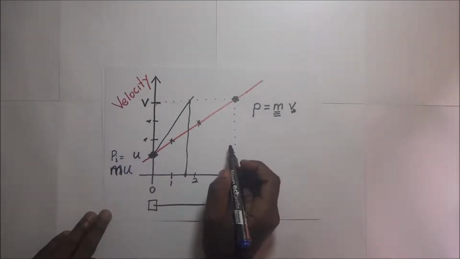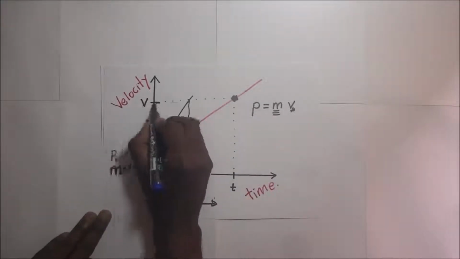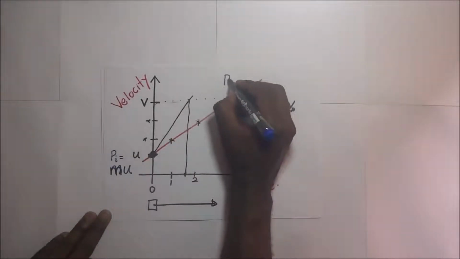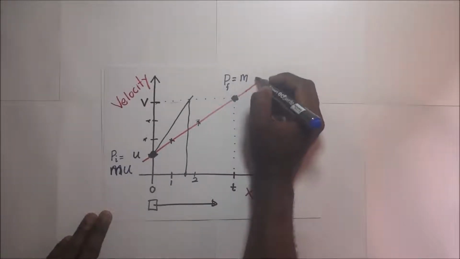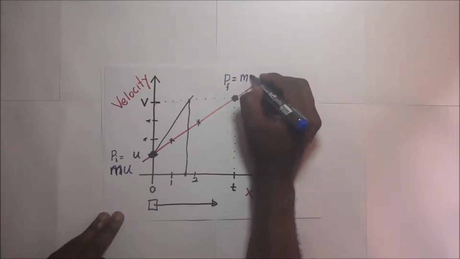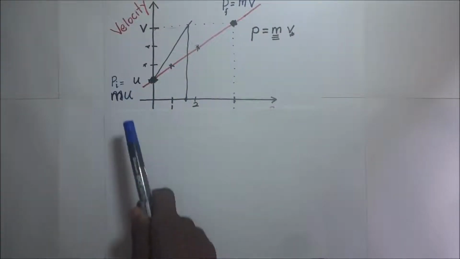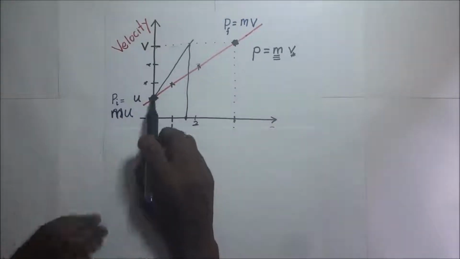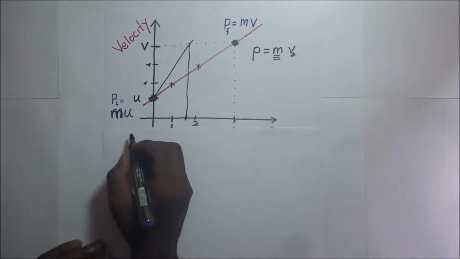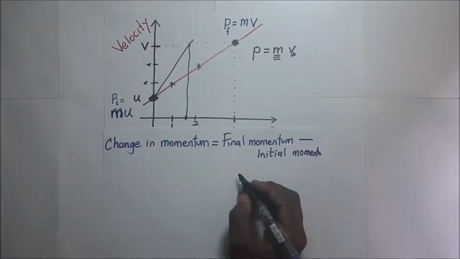Then the final momentum, after this body has moved to this point when the velocity has changed to v, is going to be equal to the mass of the car times v, the final velocity. Now, what is the change in momentum as the body moves from this point to that point? Change in momentum is final momentum minus initial momentum.